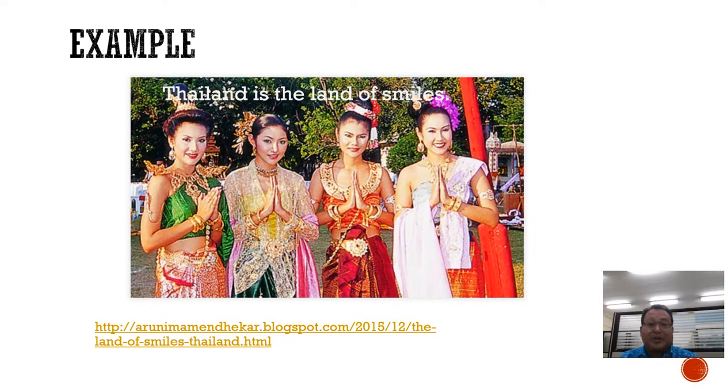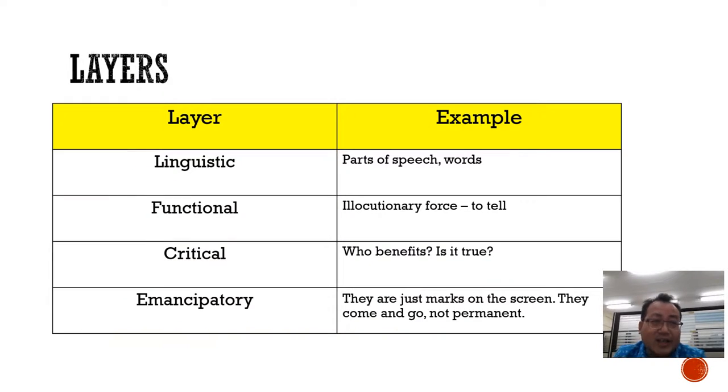Let me give you a pretty concrete example. As you can see on the screen here, this is a discourse. "Thailand is the land of smiles." You can see here, this is a discourse because it communicates something to the audience. It has a clear purpose. It's a slogan, by the way.